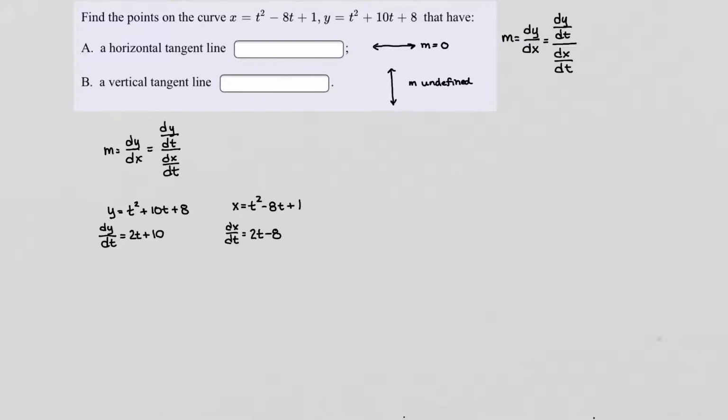Putting these back into our slope, we have that dy/dt is 2t plus 10 divided by dx/dt, which is 2t minus 8. And I see that I'm going to be able to cancel some 2's, so let me start by factoring out a 2 in the numerator, and then factoring out a 2 in the denominator.